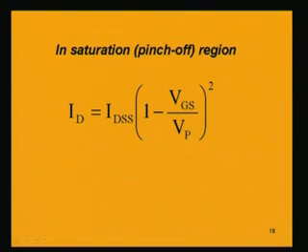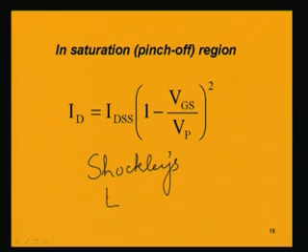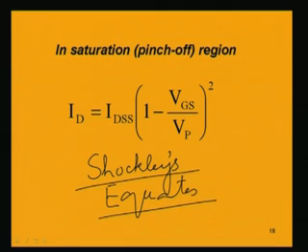And the current which flows in the device from drain to source, this ID current, is given by an important equation known as Shockley's equation. This is Shockley's equation, which relates the current with the voltages.